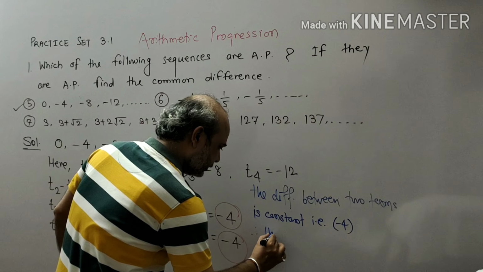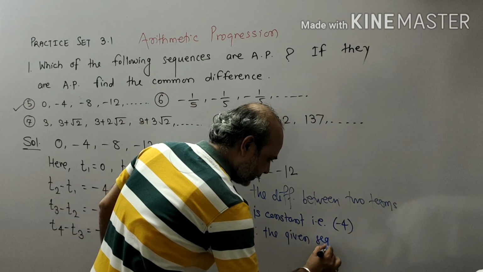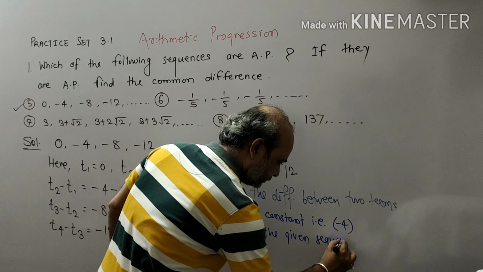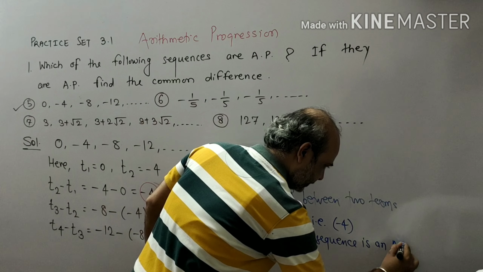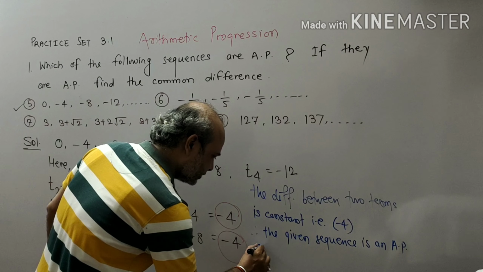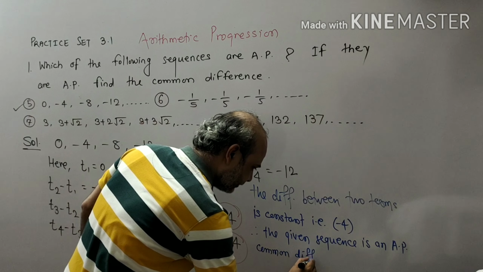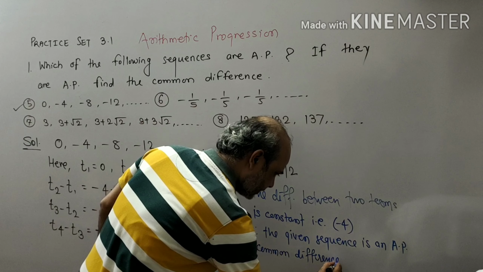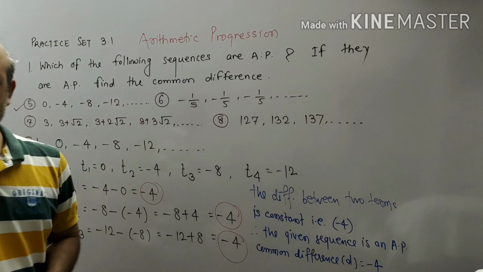Therefore the given sequence is an AP and common difference d is equal to minus 4.